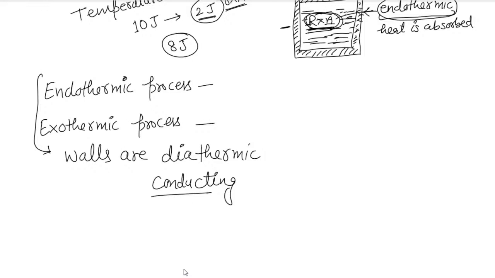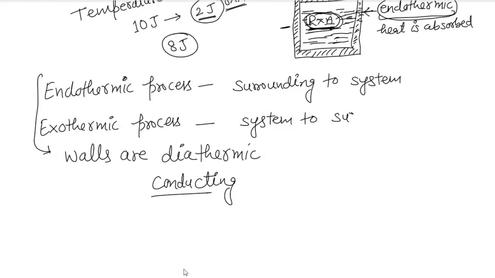Yes, in an endothermic process, the flow of heat is from surrounding to system to keep the temperature constant. In exothermic, it flows from system to surrounding to keep the temperature constant.